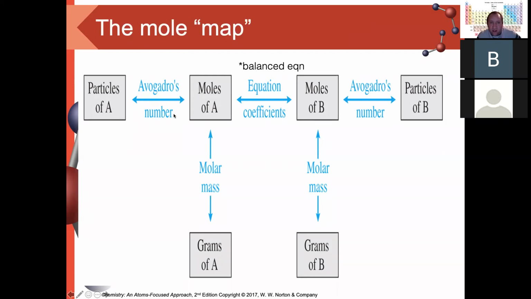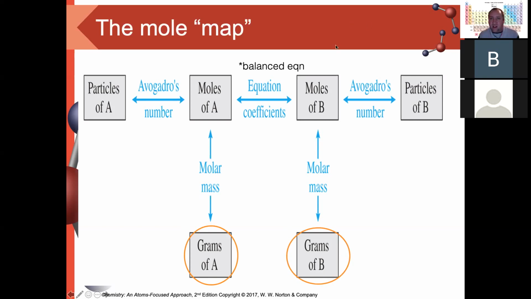Particles and moles are tied together by Avogadro's number. Grams and moles are tied together by molar mass. And so this mole map is a way for us to organize our calculations so as to set up our dimensional analysis, our conversions, to get us from one of these boxes to another. All that we're really going to be asked to do is, let's say that we start with grams of one substance and we want to convert that to grams of another substance.